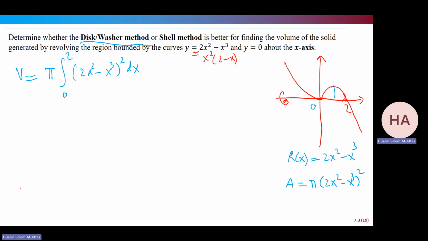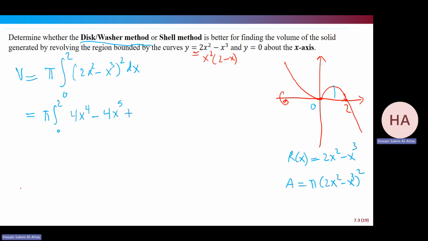That gives me what? Pi from 0 to 2. Open this. That will be 4x to the power 4, minus 4x to the power 6, plus, no, minus 4x to the power 5.